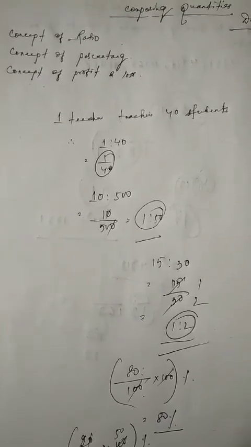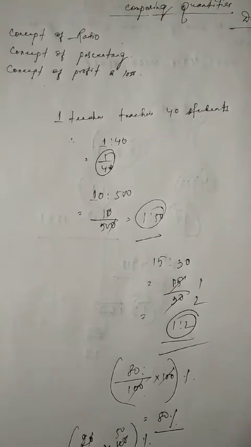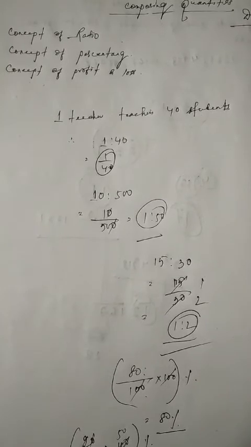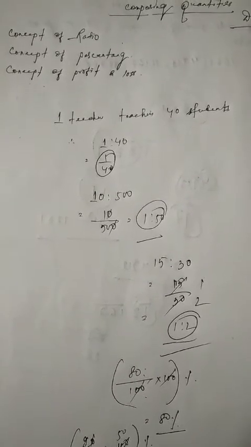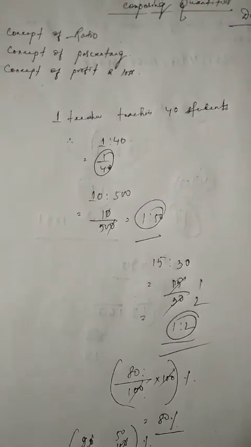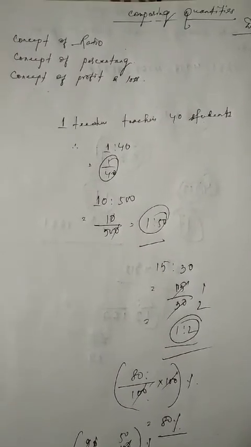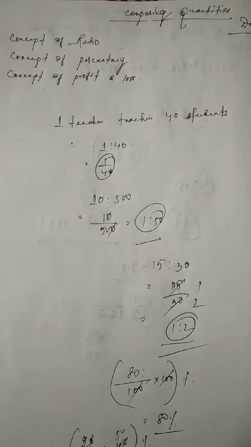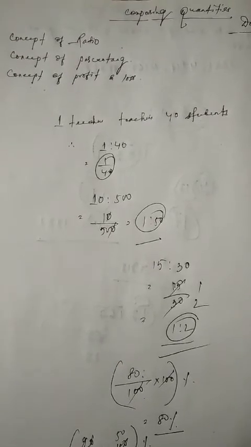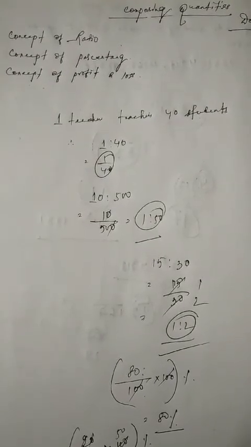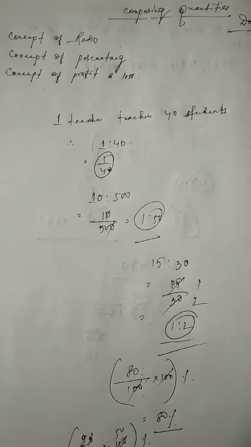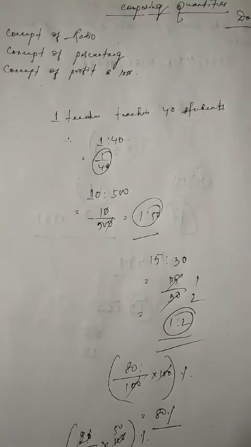So children, this way we basically consider profit and loss, and whenever we are asked to find the percentage of profit. If a child has bought a pen for rupees 5 and sold it for, suppose, 10, the buying price of the pen was 5 and the selling price was 10.